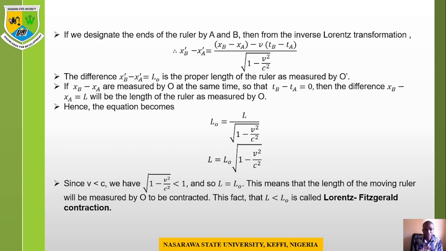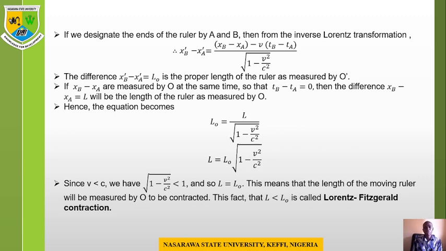So the difference is equals to L naught, which is the proper length of the ruler as measured by 0 prime. So if xB minus xA are measured by 0 at the same time, so that tB minus tA is equals to 0, then the difference xB minus xA is equals to L, will be the length of the ruler as measured by 0.